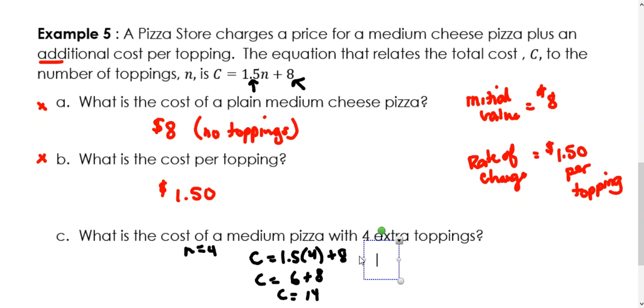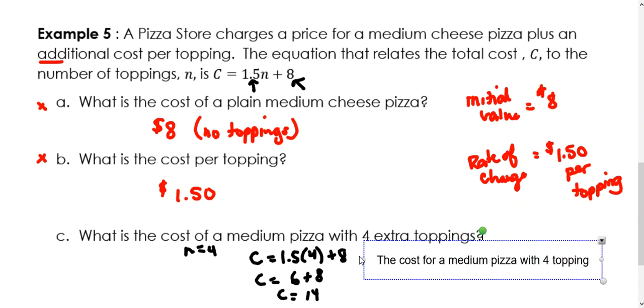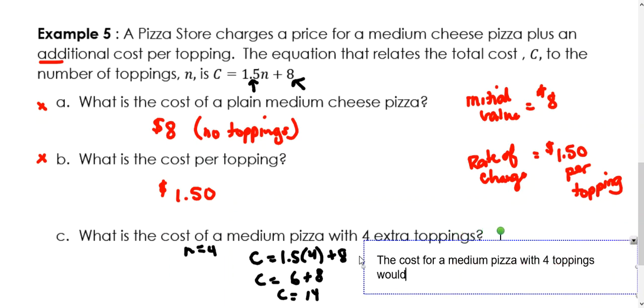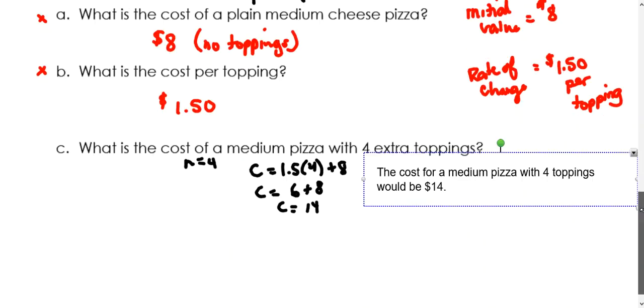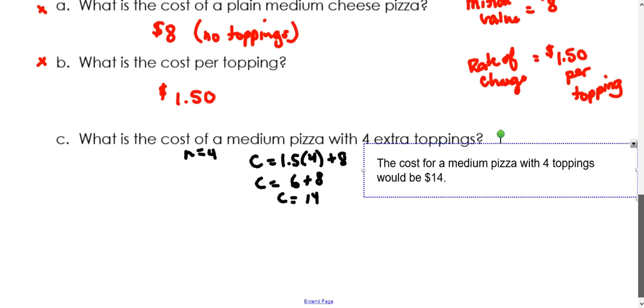The cost for a medium pizza with 4 toppings would be $14. Done. Okay, so the big goal here is interpreting the equation from the slope and the y-intercept, or finding the y-intercept in the words to make the equation. So we're kind of going back and forth and making that connection. That's the goal.